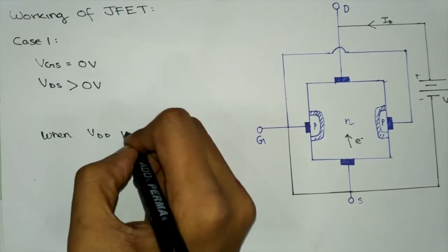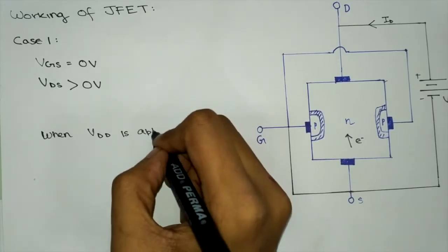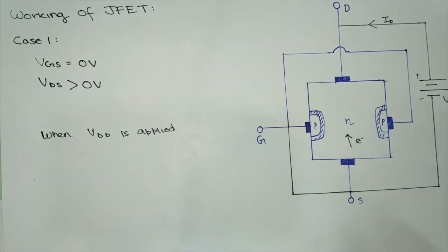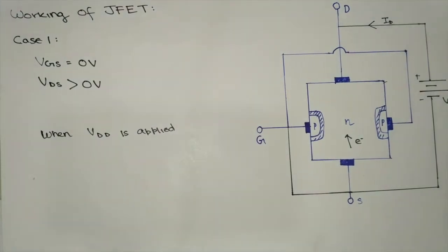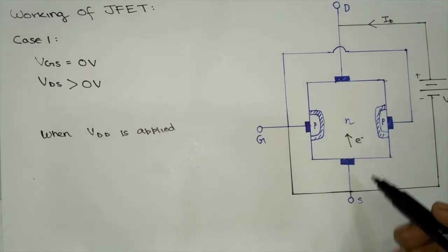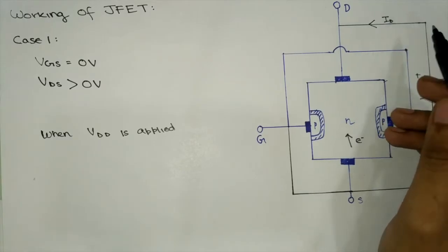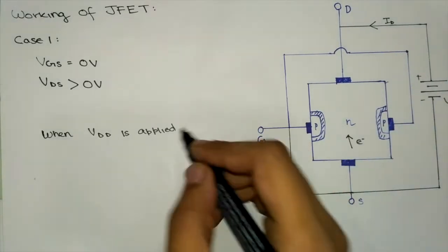When VDD is applied, the charge carriers, that is the electrons, begin to flow from the source to the drain and thus constitute a current ID or the drain current.